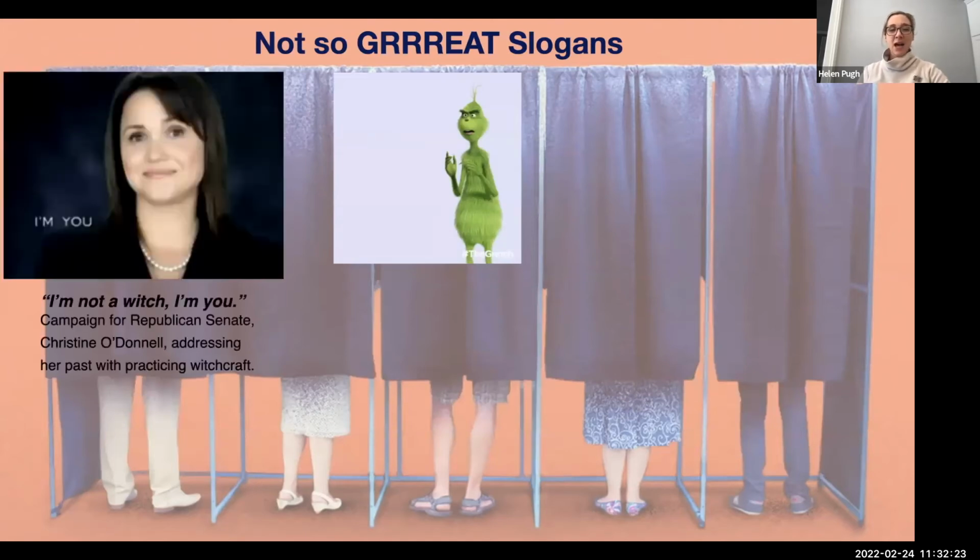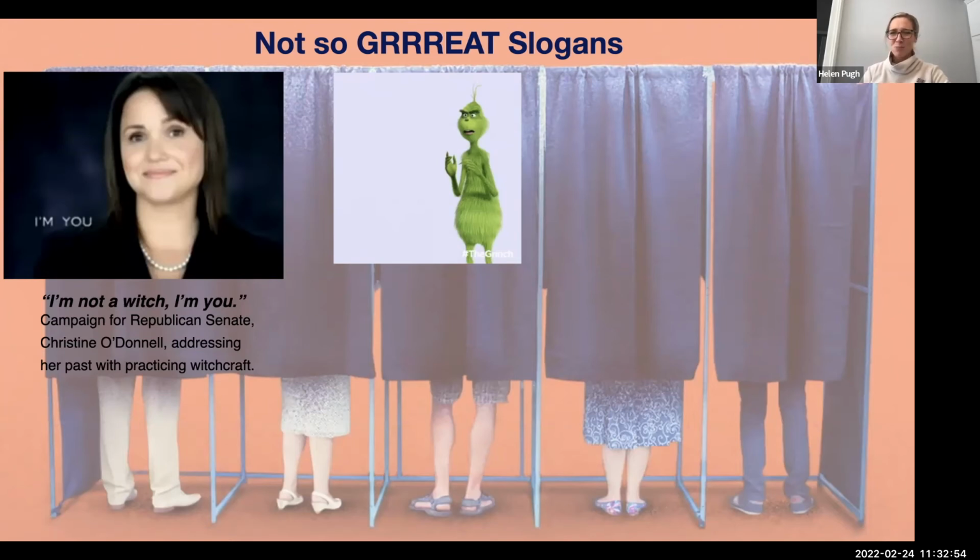So this is, I'm not a witch, I'm you. And this was a campaign for a Republican Senate seat. And it was addressing her past, right? Question marks. So she, it was addressing her past that maybe she had practiced witchcraft in her past, and she's just trying to say, no, I'm not, I'm you, which is also a little like, and so not so great, right?